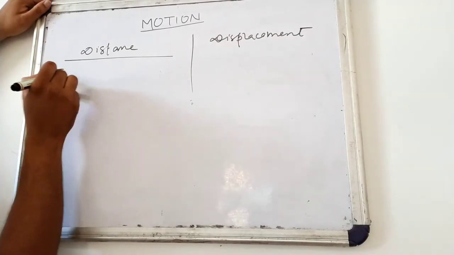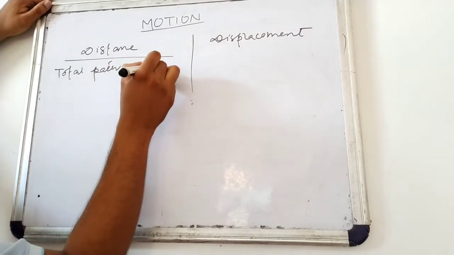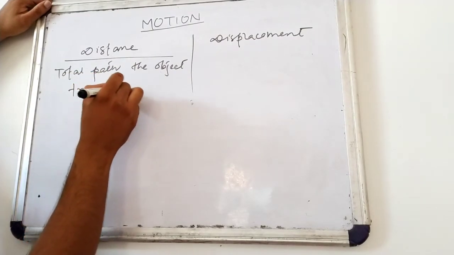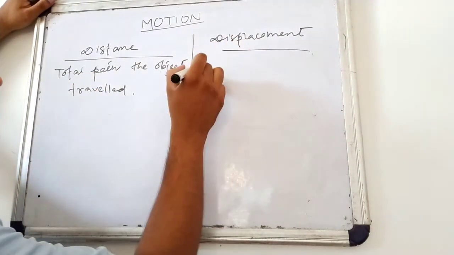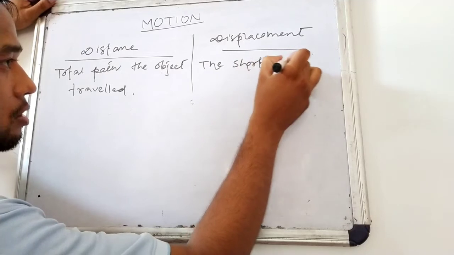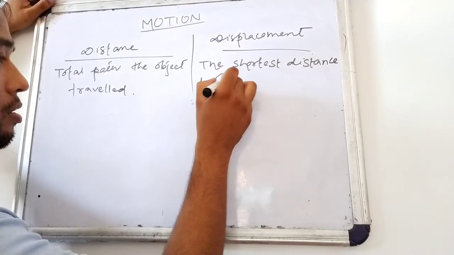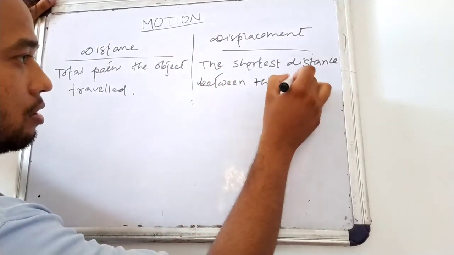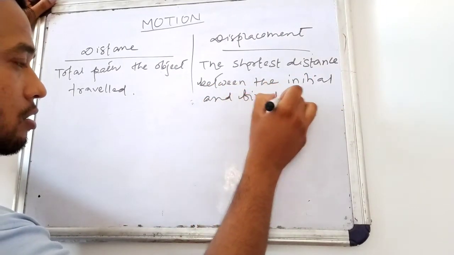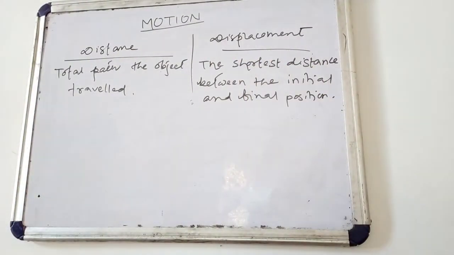So distance is the total path the object travelled, and displacement is the shortest distance between the initial and final position. Okay, let's explain this with an example.